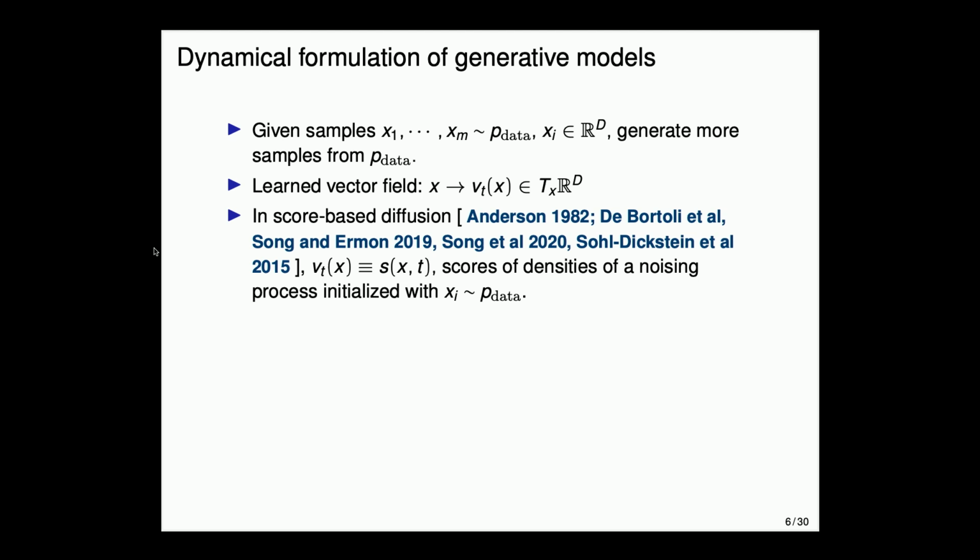Like in a score based diffusion model like DDPM, DDIM, variants of all these different generative models, the vector field is equivalent to a score of a noising process, as we have seen before in previous talks. This noising process corresponds to initializing the process with some samples that we are given from the target distribution, maybe adding some noise, and these scores are the gradient of the log density associated with this process. Okay. And this is approximated with a neural network.